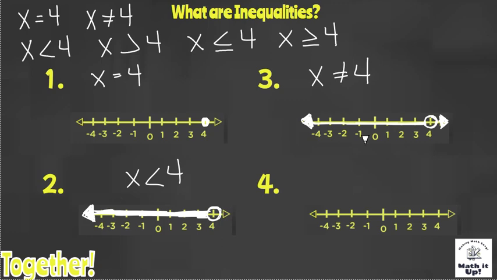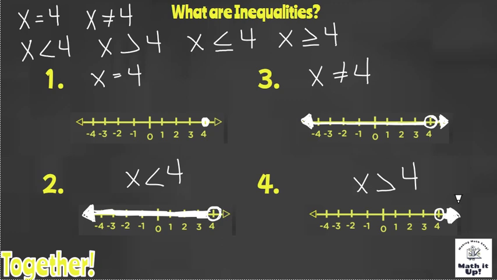And then we have x is greater than 4. So again, 4 is not part of the answer, so I'm going to ring it. But everything this way is. I know we don't have much space left there, but we can show that everything else is by continuing that line to the arrow and then filling in that arrow.